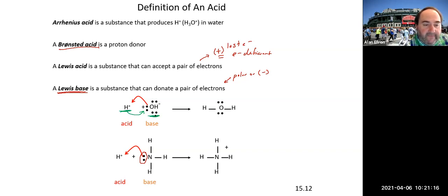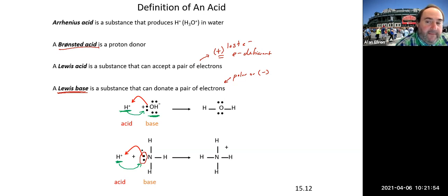So they come out the same in terms of what's the acid and what's the base, but we are talking about two different things: the electron pairs in the Lewis, and H plus in the Bronsted. Same thing here. This H plus would be donated over, making it the acid in the Bronsted-Lowry definition, and NH3 would be accepting that H plus, making it the base. So they both get you to the same result, but they are looking at different things.